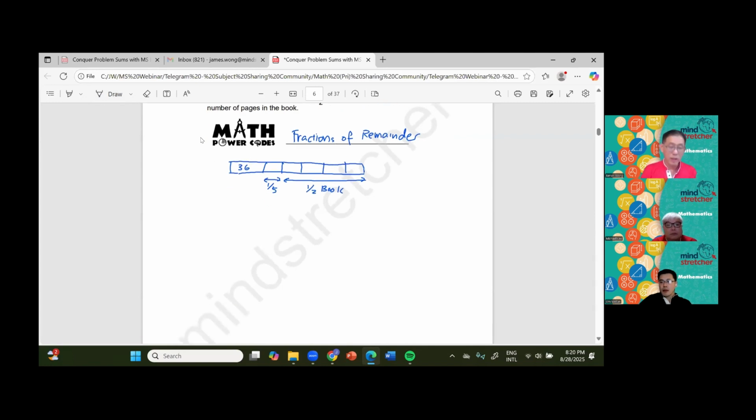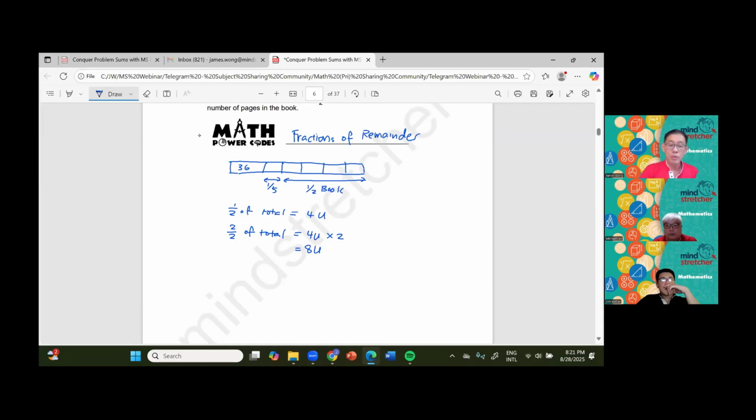You can see that half of the total is equal to 4 units. This means that the total, 2 over 2, the whole entire book, will be equal to 4 units times 2. That will be a total of 8 units to represent the whole entire book.